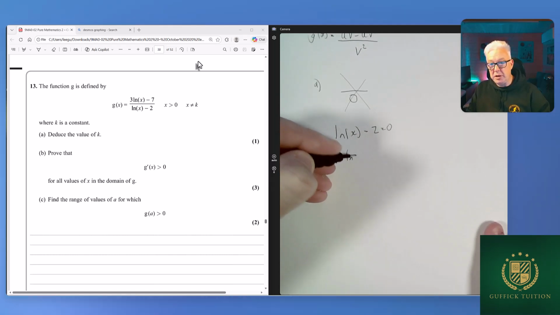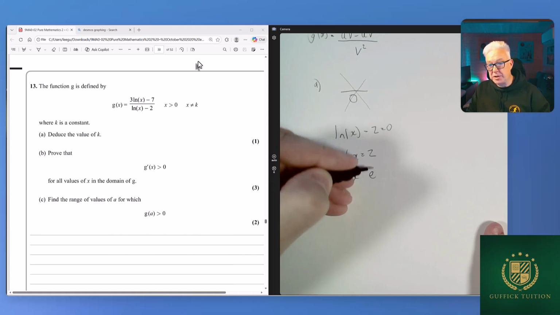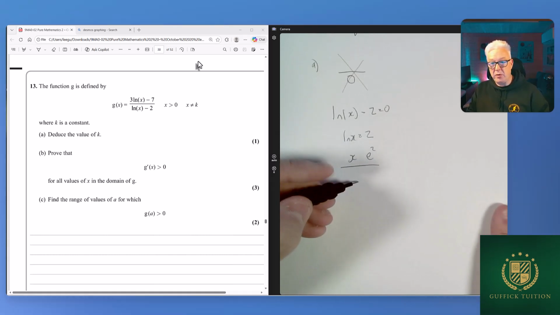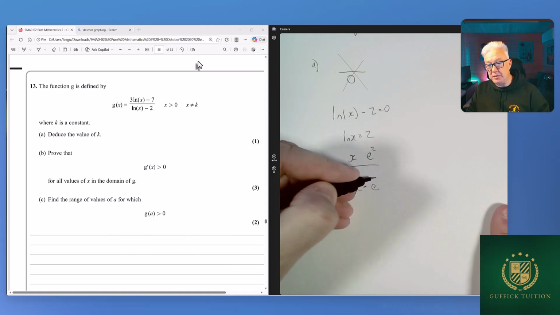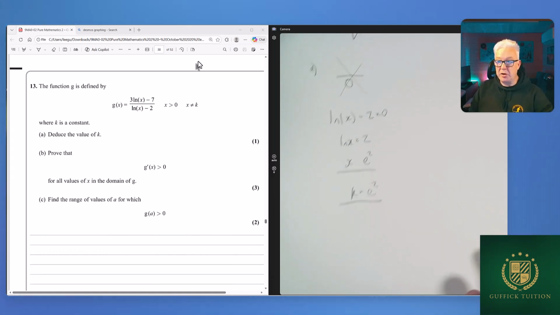So therefore, ln x is equal to 2. So therefore, x is equal to e squared. So therefore, k is equal to e squared, because that's the value of x in the denominator that would make the denominator 0 and would give us the function being undefined.